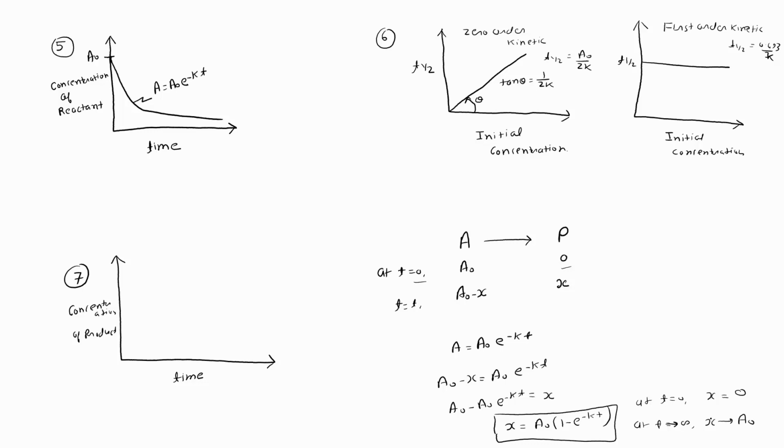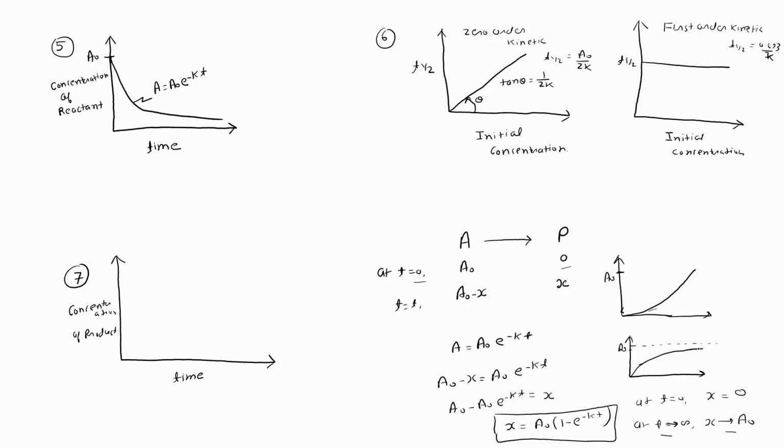Now we have two types of curve here. So which will be true? Now we know it will start from 0 and go to A naught. So we can have this also, and we can have this also. So which is true, this slope or this slope? We can see at T is equal to infinity, X tends to A naught.